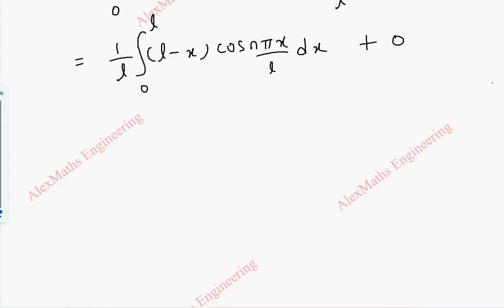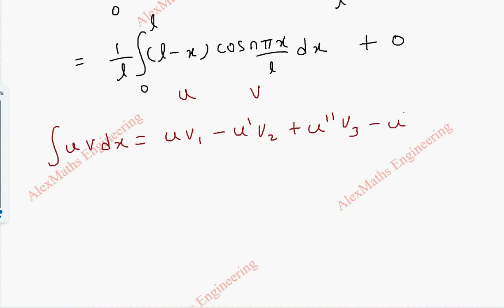Now to continue this integration, we are going to use Bernoulli's formula, where one term is u, another term is v. The formula is u v1 minus u dash v2 plus u double dash v3 minus u triple dash v4 plus dot dot dot.